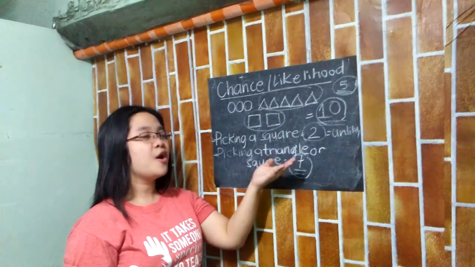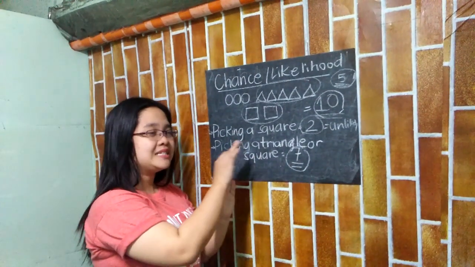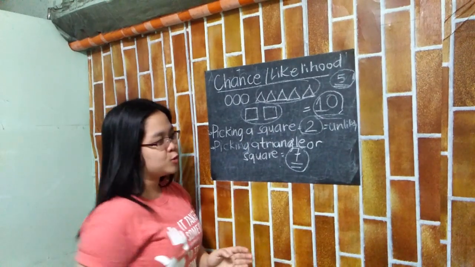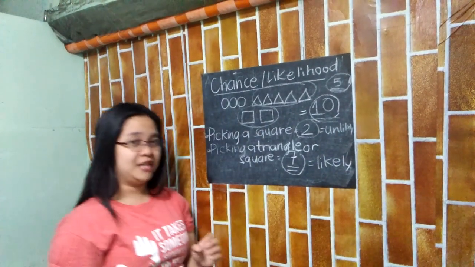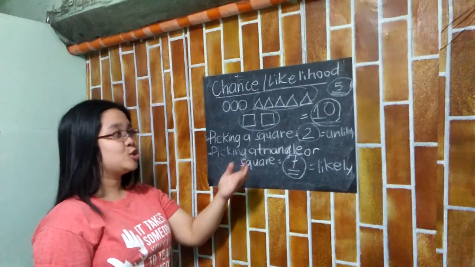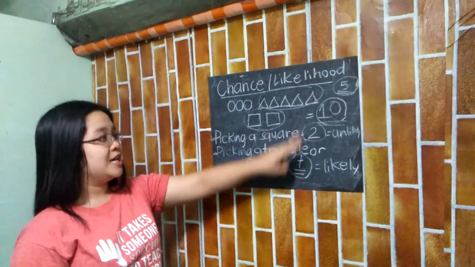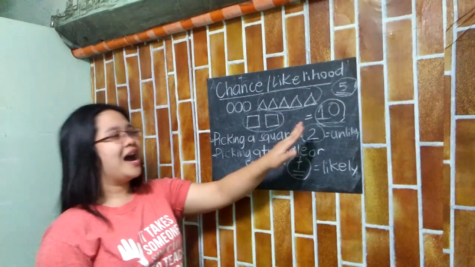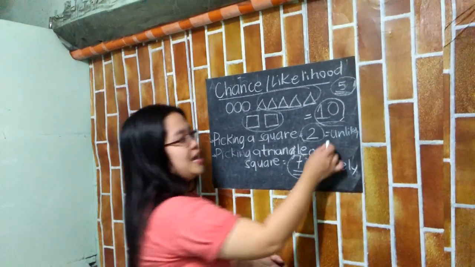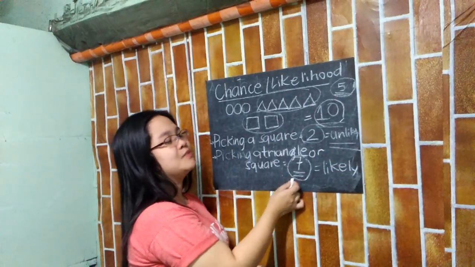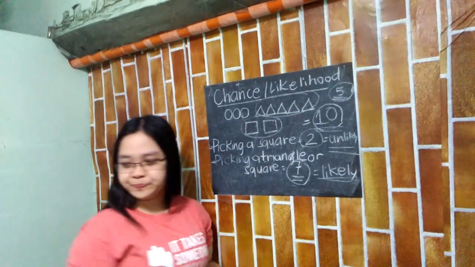Okay, this is more than half of 10. So if that is the case, the opposite of the first one, this chance is likely to happen. When you say likely, it should be more than half of our possible outcome. Can you see the difference between the two? Unlikely and likely. If it's less than half, it's unlikely. But if it's more than half of the possible outcome, it is likely.